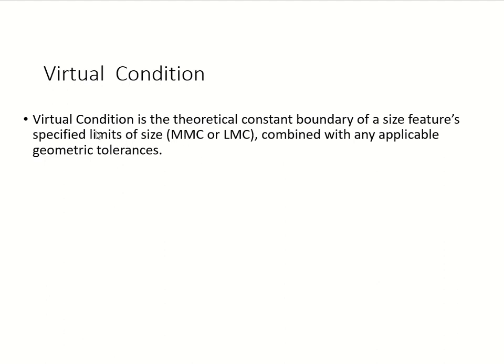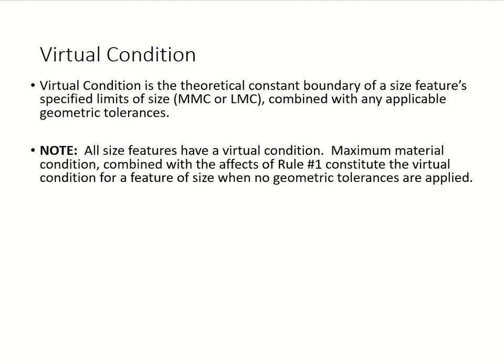It's not real, it's just virtual, meaning we're just doing it theoretically, and we have our boundary for your size feature limits, your MMC or LMC, and you're going to combine that with your applicable geometric tolerances, okay. And of course, when you read it, you won't get it. We'll have to go into the diagram for you to be able to see it.